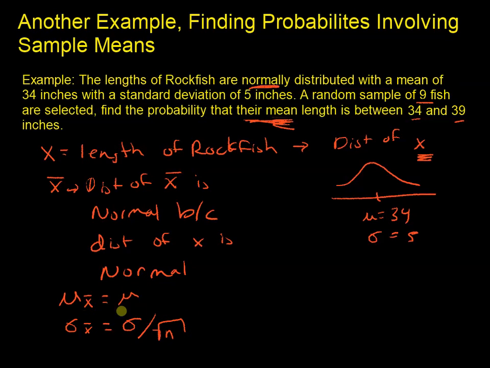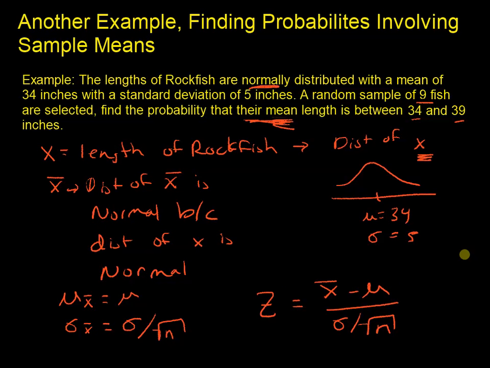So we'll still be using the same z formula that we discussed in the previous video, which is x bar minus mu over sigma over square root of n. So we still have the exact same equation. It's just that now the distribution of x bar is normal for a different reason.